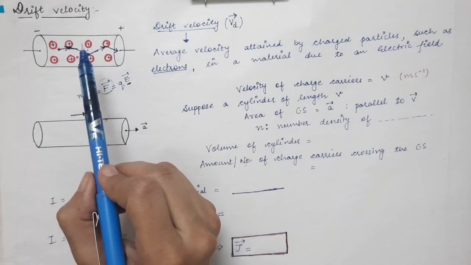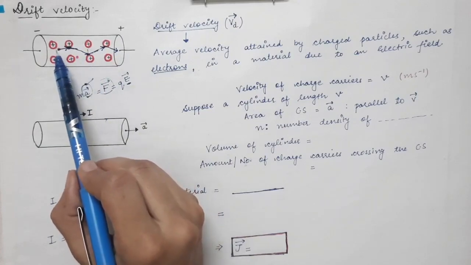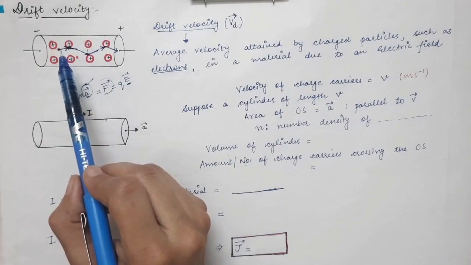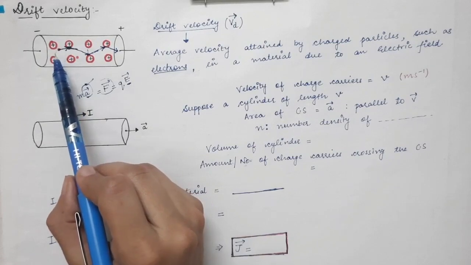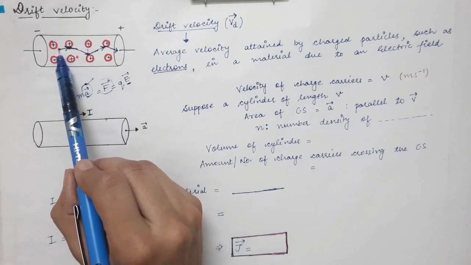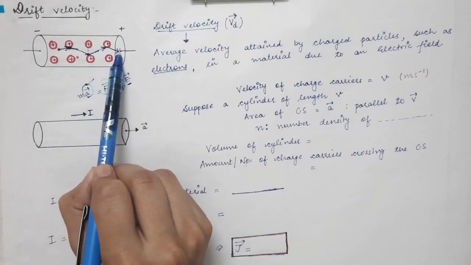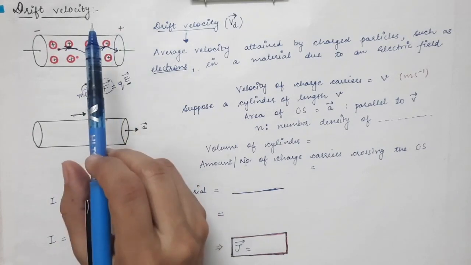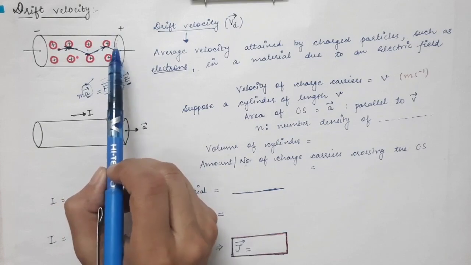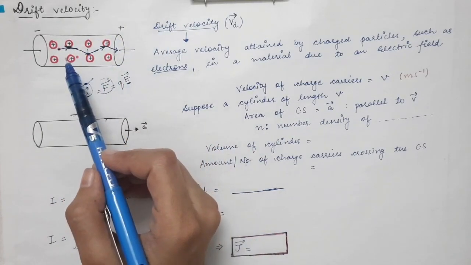So we are just supposing that no positive ions are present, and hence its velocity will keep increasing as it moves towards the positive terminal. If you increase the electric field further, its velocity will increase further. But this does not happen in reality.